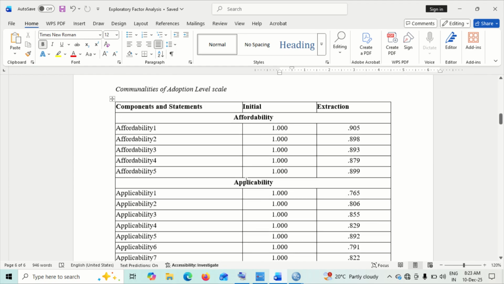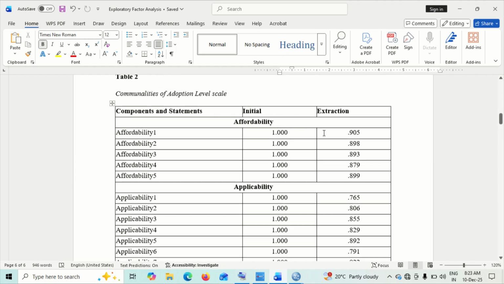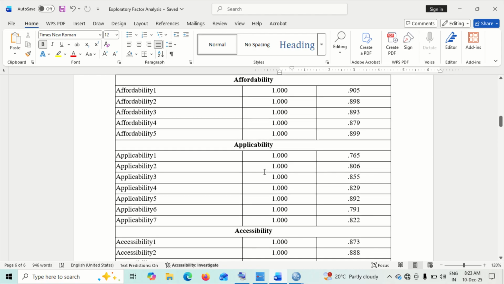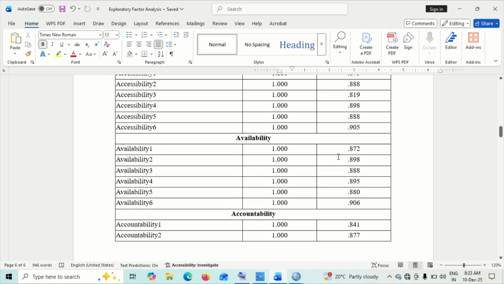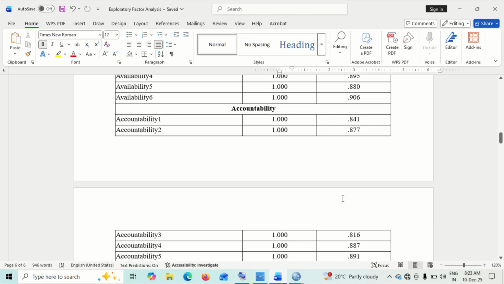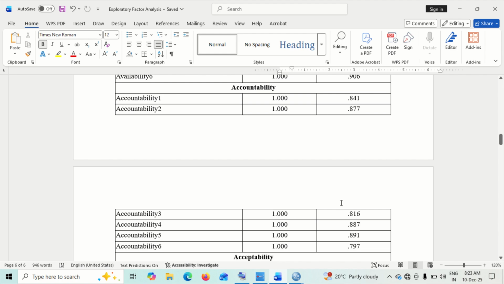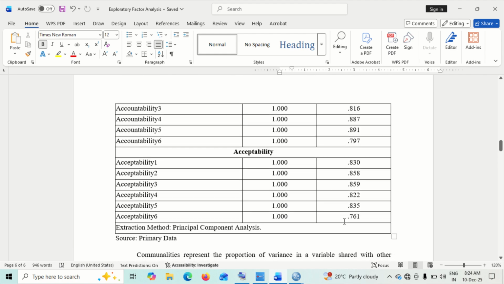All the communality values of affordability are greater than 0.70, and applicability also is greater than 0.70. Accessibility is above 0.8, and availability is also 0.8. Regarding accountability the values are also 0.7, and finally acceptability has communality values of 0.7.